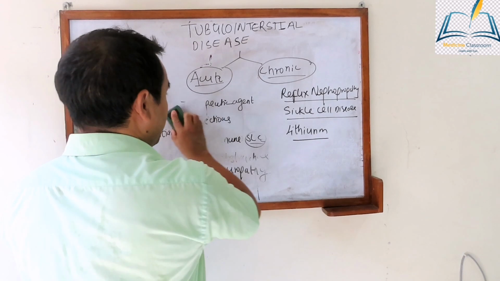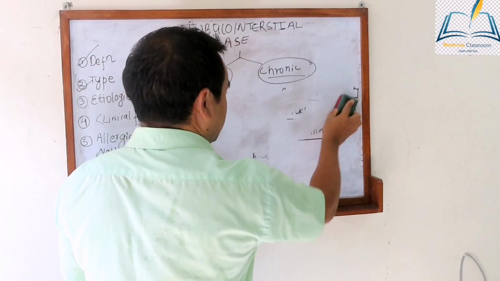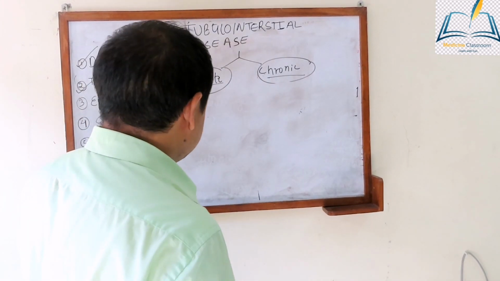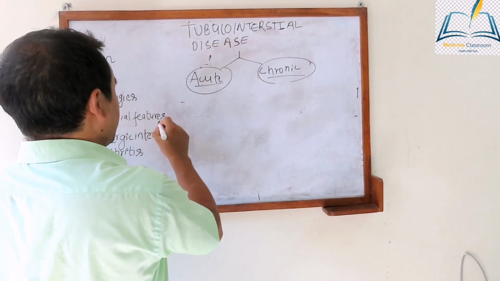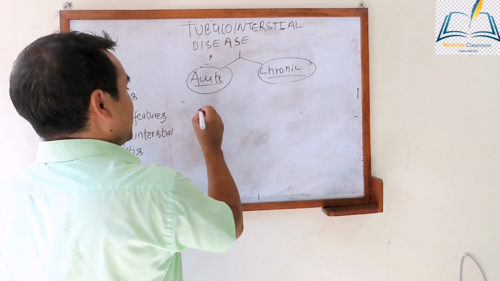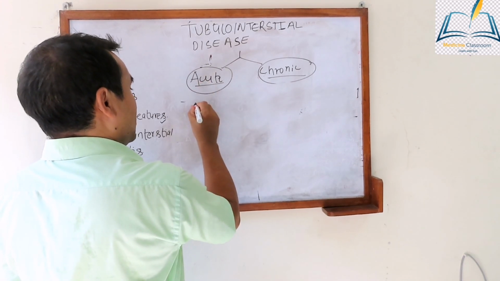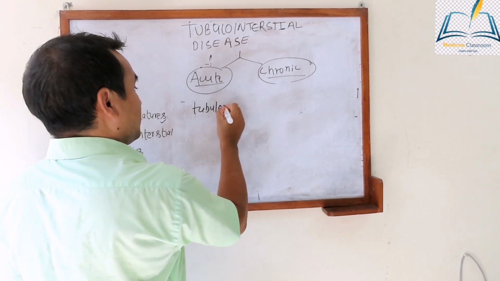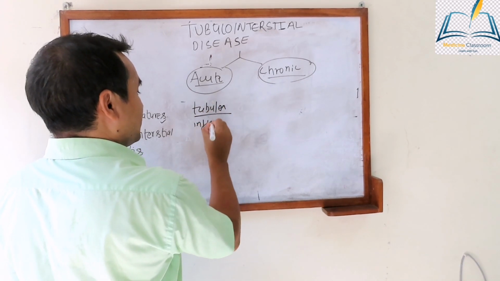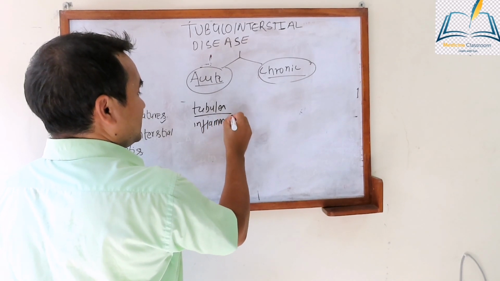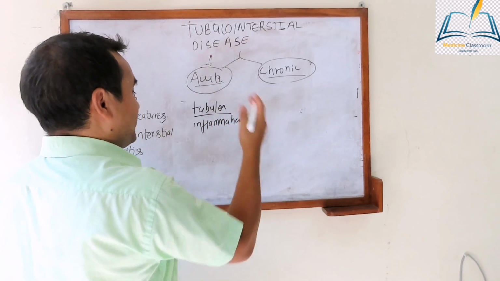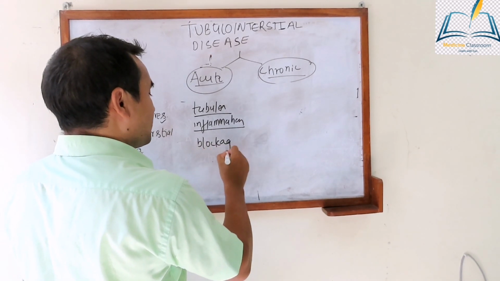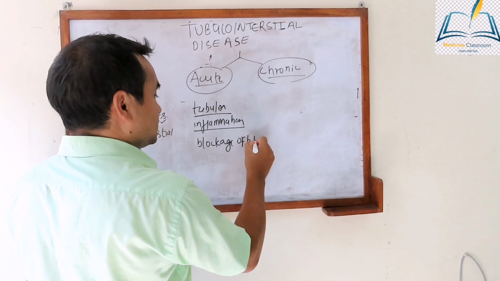Okay. Then after knowing the causes of acute and chronic, how does the acute present and how does the chronic tubulointerstitial disease present? For the clinical features of the acute, there is inflammation in the tubules, that is PCT, loop of Henle or DCT, and there is blockage of the tubules.